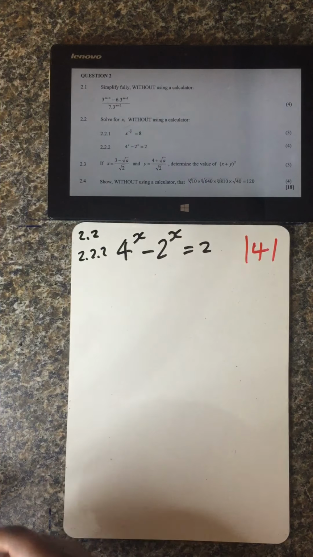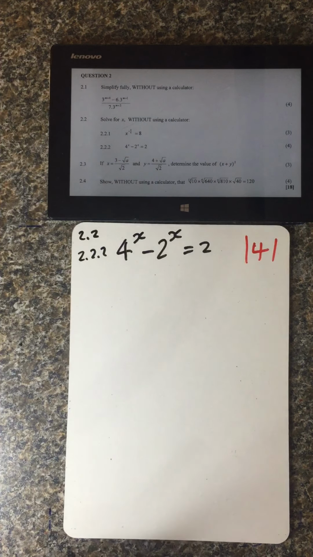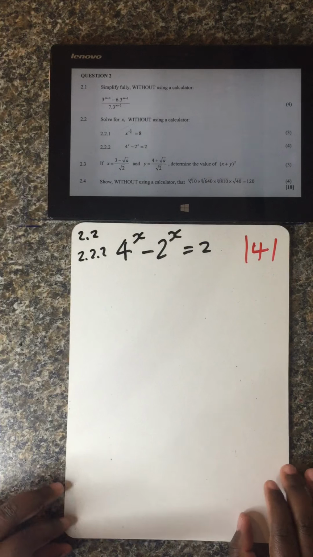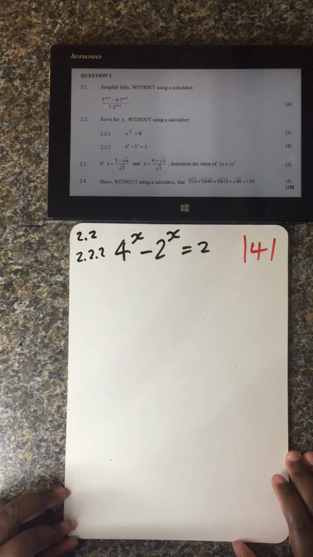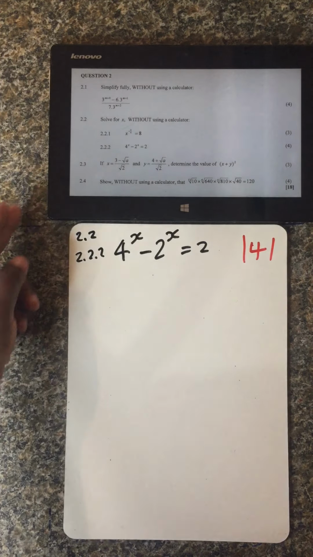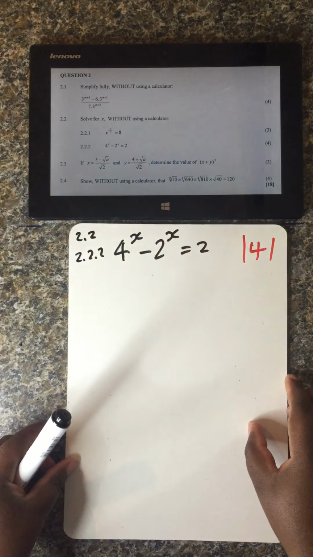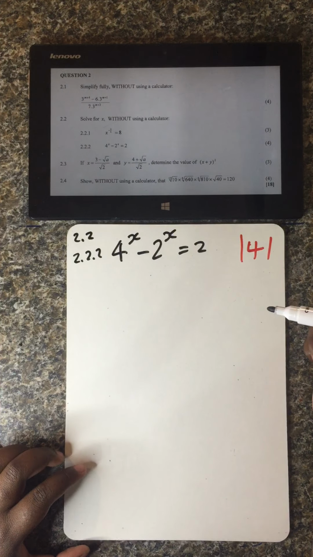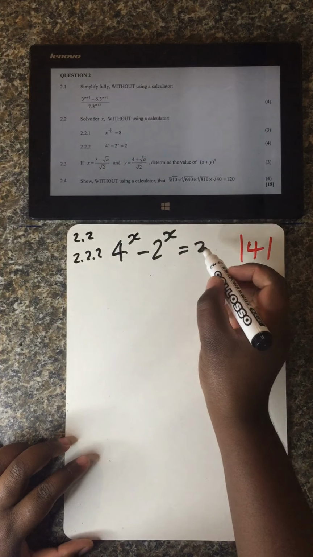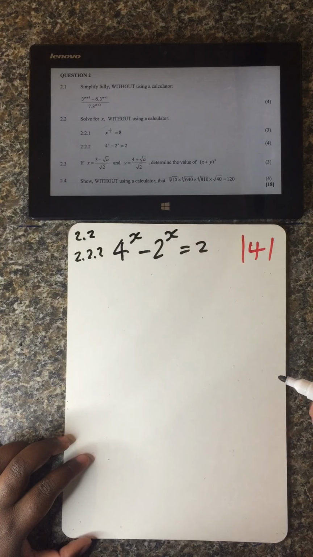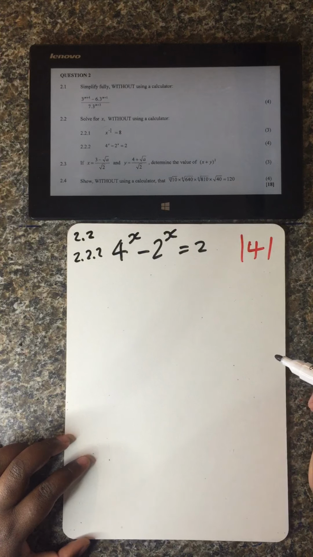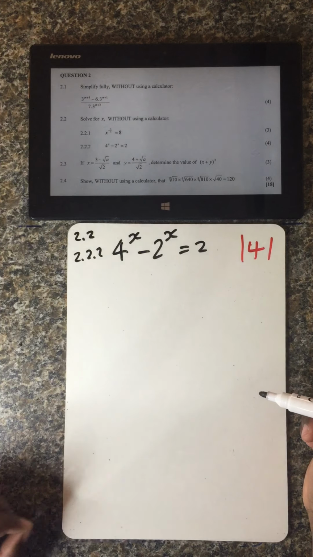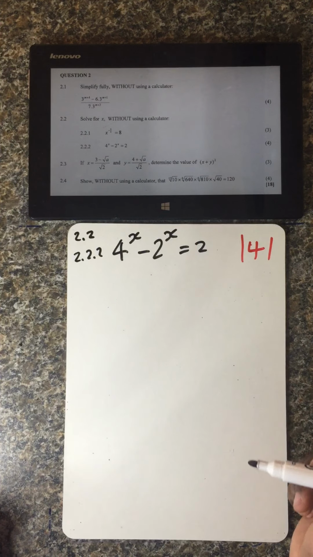Good people, not because it's allocated 4 marks does it mean it's difficult. You just need to apply your mind. You just need to have the right approach in place. Very, very much important. So now, let's check. Our first step, we can just move everything to the left and equate this to 0, and again simplify what is simplifiable.